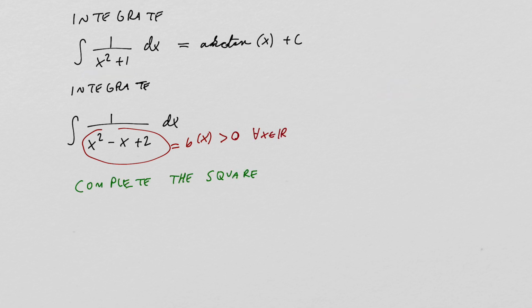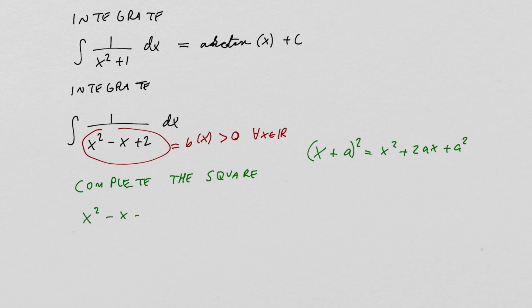Let's complete the square. If we would have some factor like this, we would get like this. If we would have a plus, we would get plus. So let's try.